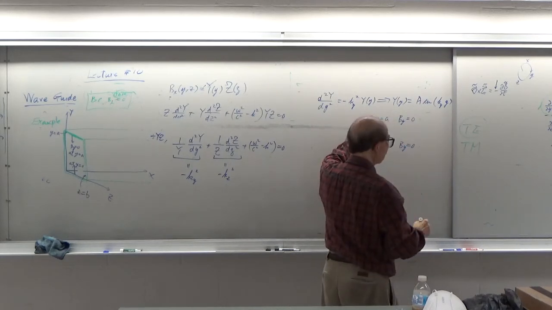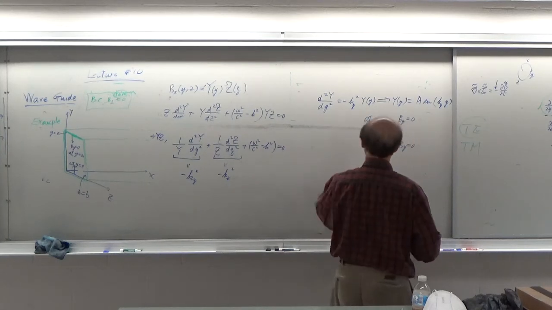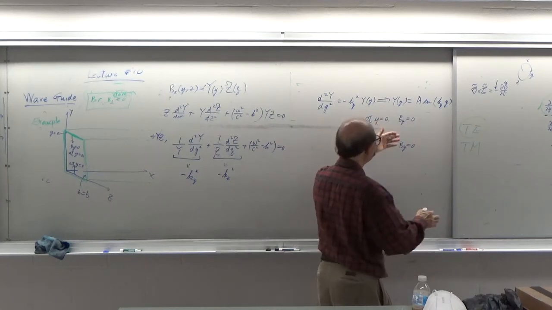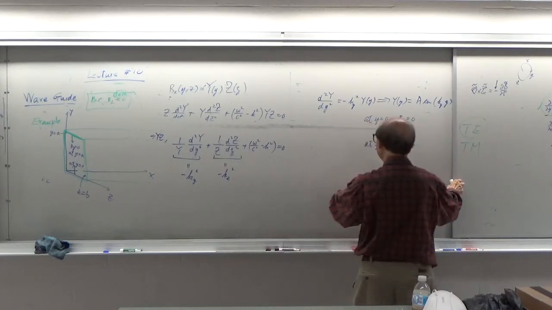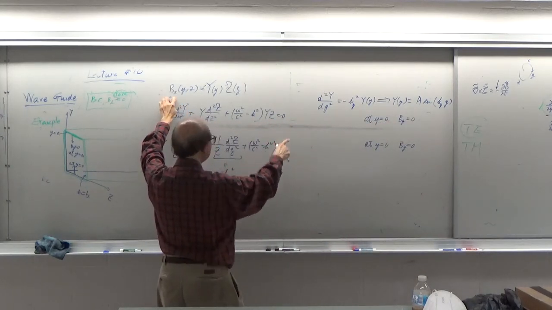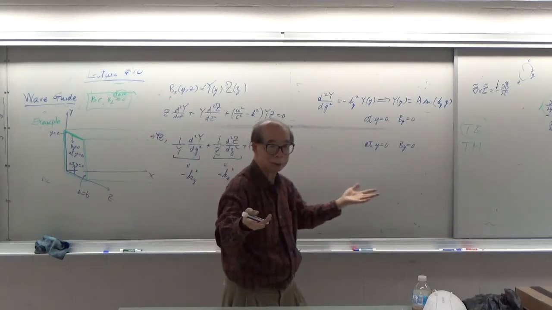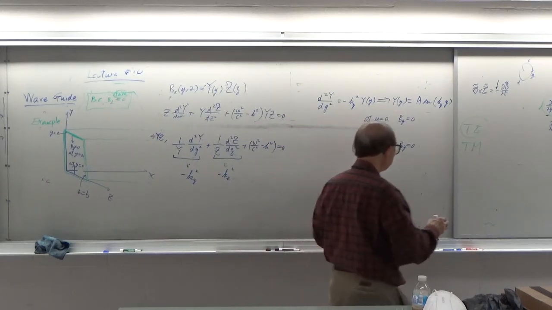What does it mean? You might say, well, what's By? We've been solving for Bx, right? The equation is for Bx. This By is nowhere in sight. Ah, you forgot it.